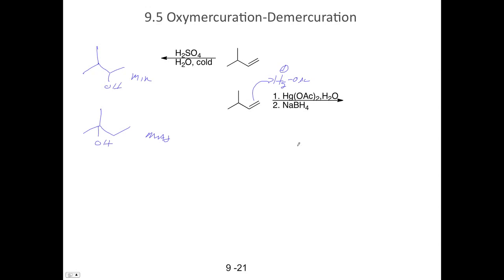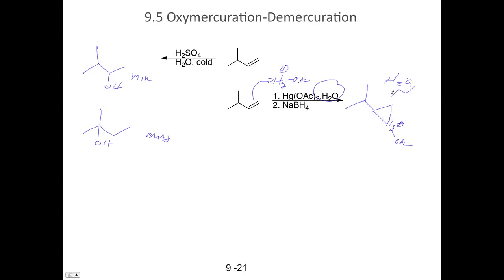And then from there, you can just redraw this intermediate as HgOAc. This will now have a positive charge again. It quenches its positive charge if you only have one bond to it, but if it's two bonds to it, going back and forth, it is now going back to being a positive charge there. And now here is your water coming in.